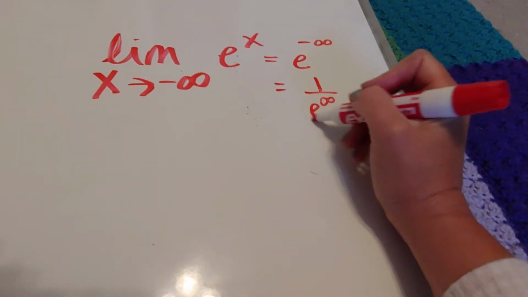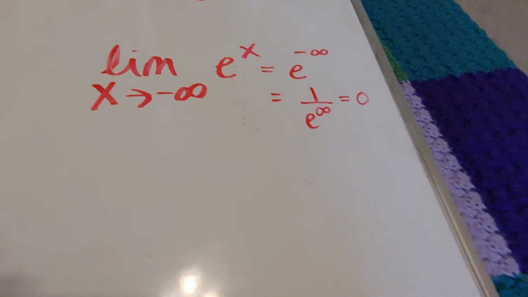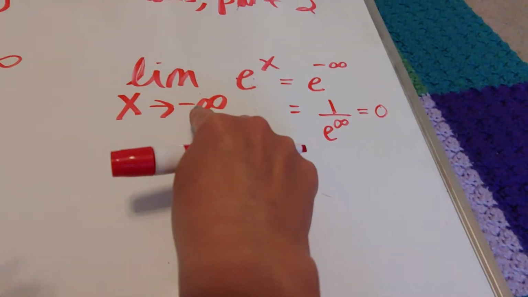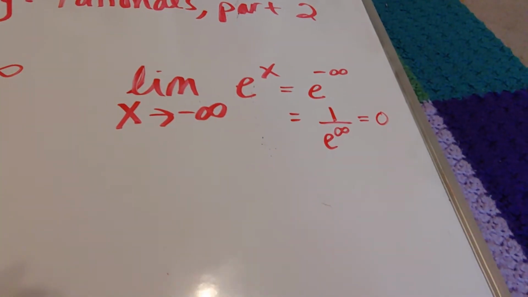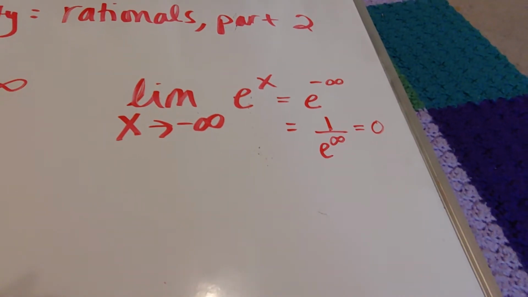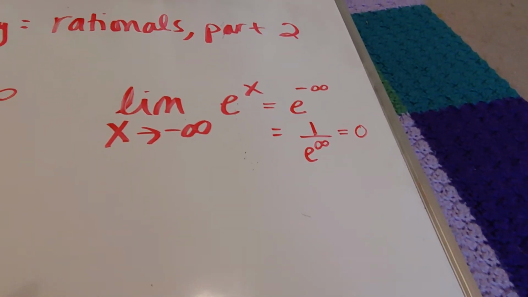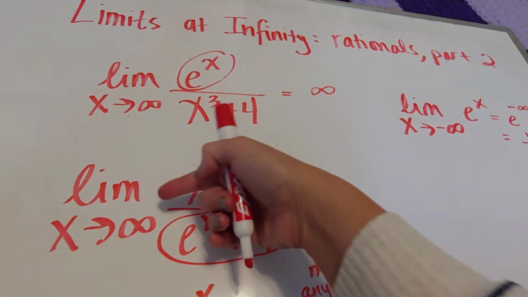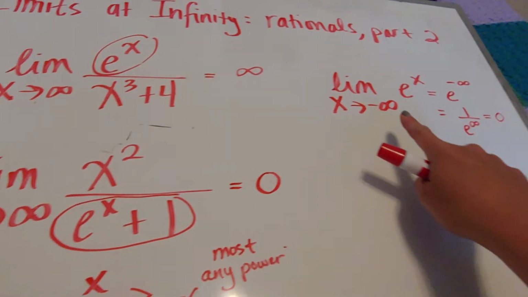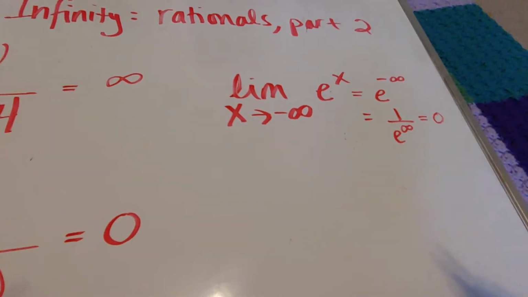So 1 divided by a huge number is 0. So you have to be careful when you're playing with e's that you are paying attention to the infinities. Generally, when we're doing comparisons like over here, we will be going to positive infinity. But our answer would change if we were doing negative infinities.